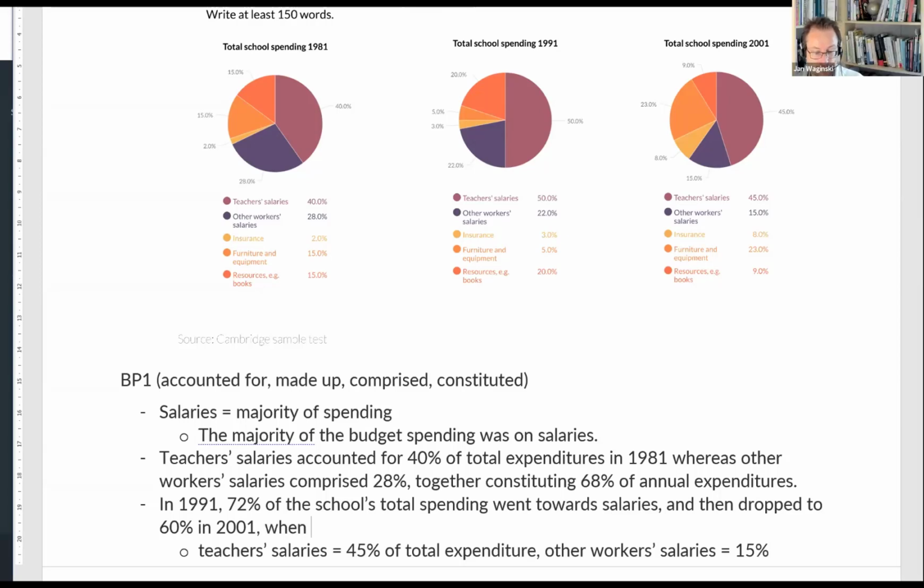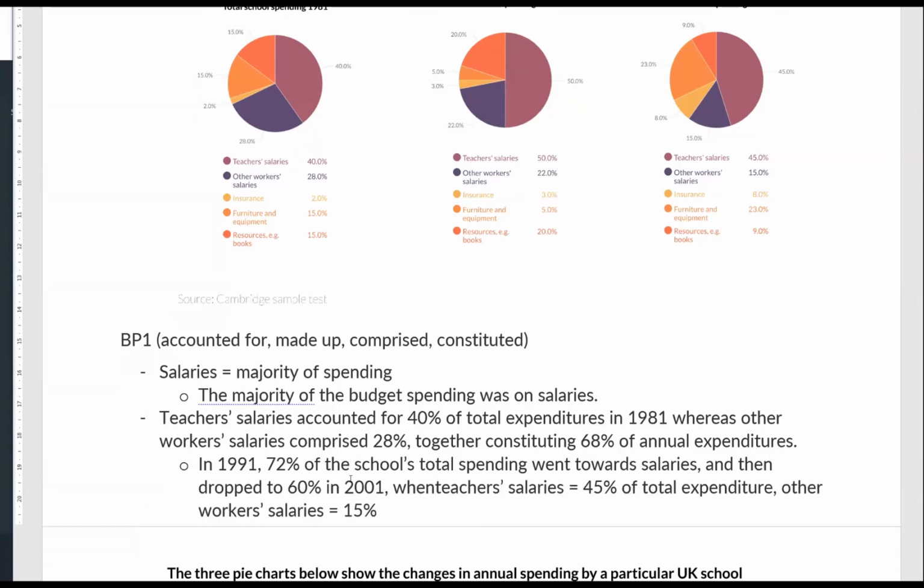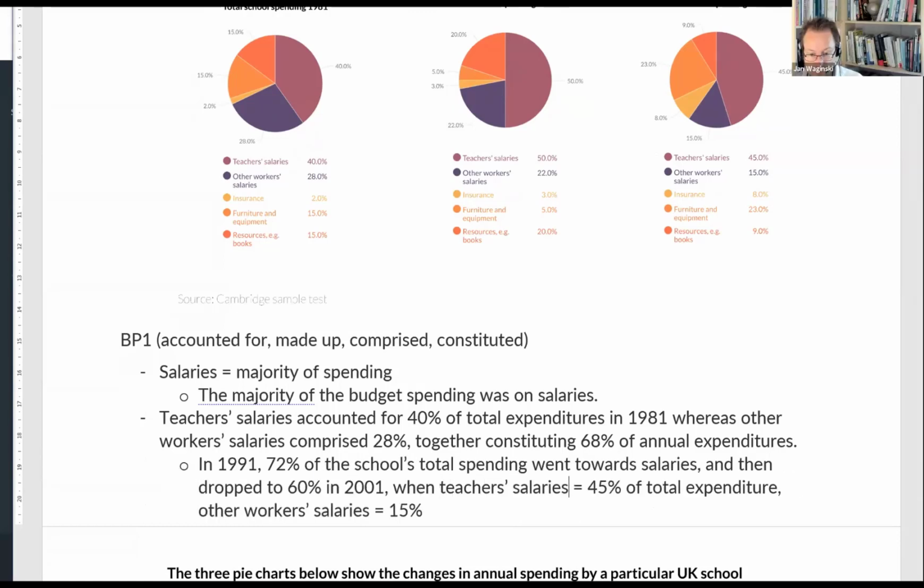When? When? Put the last part into. When did you use this? When? Which one? The last line? Yep. Add that here. Okay, then when the teacher salaries made up of your salaries.